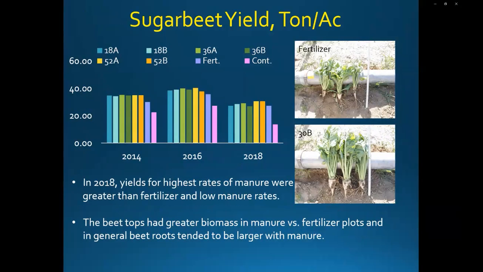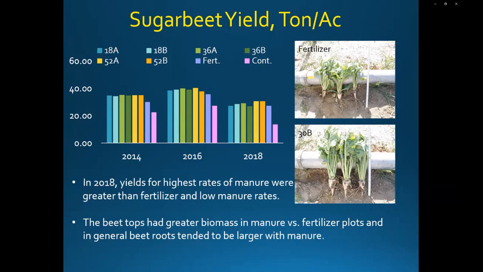Looking at sugar beet yields, the yields were very similar in every year between fertilizer and the manure application rates. In 2018, the yields for the highest rate of manure were actually greater than for the low manure rates, but they still were not different from the fertilizer.